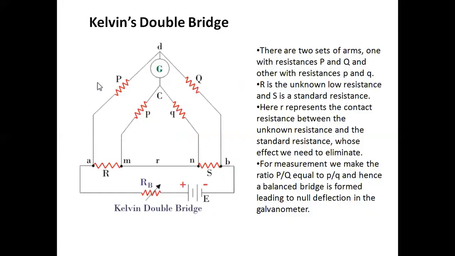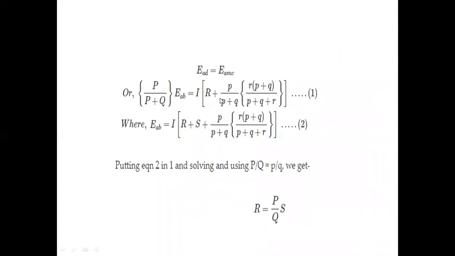From there, by the voltage division rule, EAD is nothing but the voltage across the resistance capital P, and the voltage across terminals A, M and C is equal to the voltage drop across the resistances capital R and small p. We are just finding out the voltages, and by that, capital P by Q is equal to small p by small q. That's why finally we get the equation capital R equals capital P by Q into S.